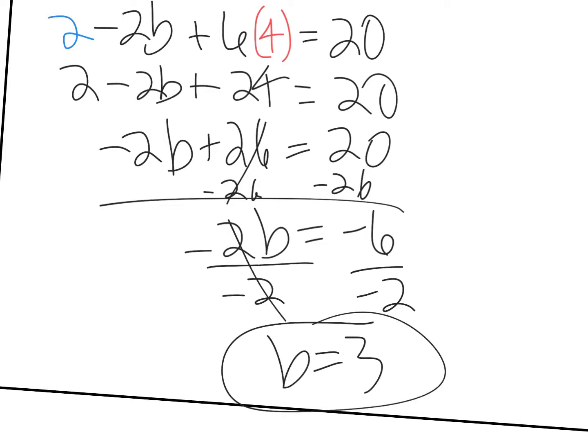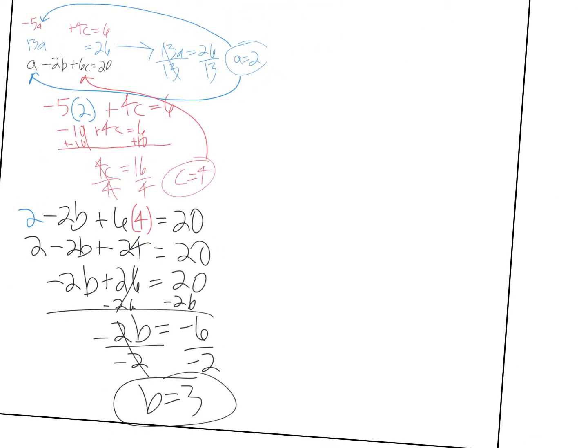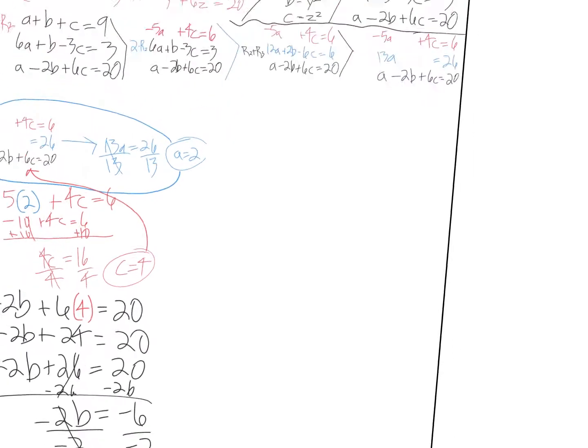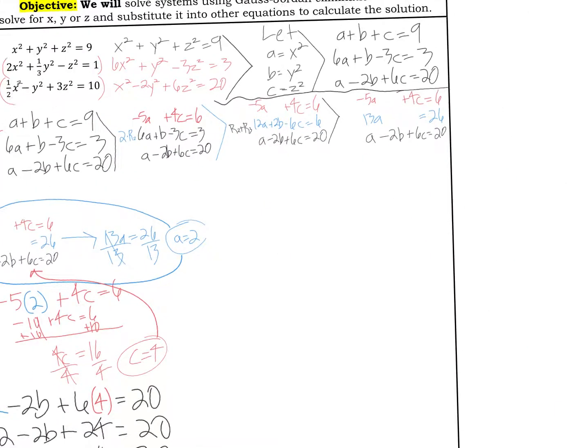At this point, in a typical problem, you'd say, okay, my ordered triple is 2 comma 3 comma 4. However, we said early on that a equals x squared, b equals y squared, c equals z squared.